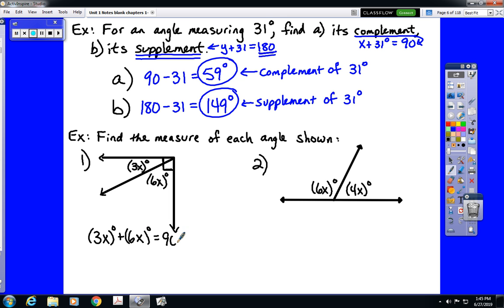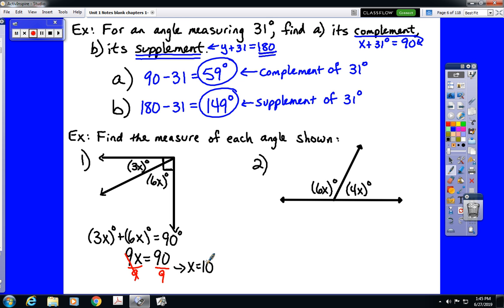Those are complementary angles, so they add up to 90 degrees. 3x plus 6x would be 9x equals 90. And then we would divide by 9. And we would get x equals 10.